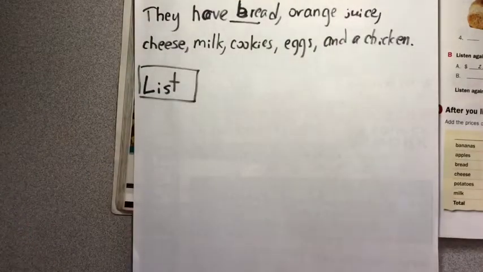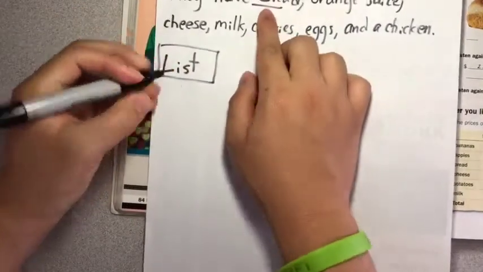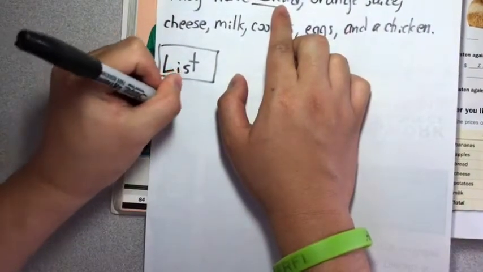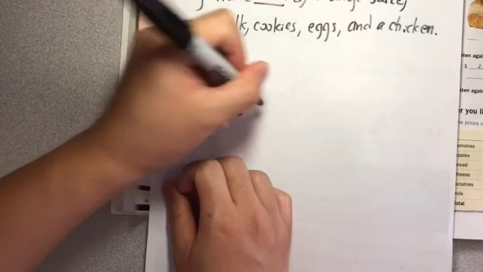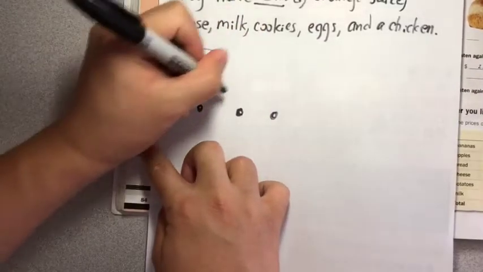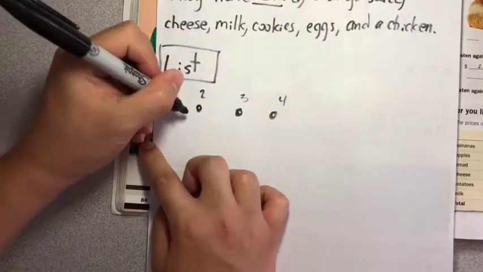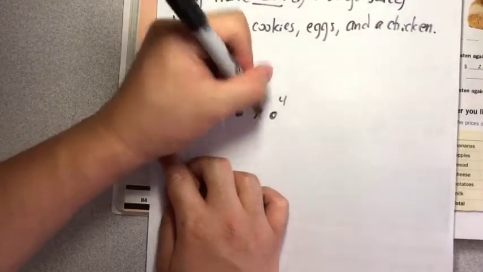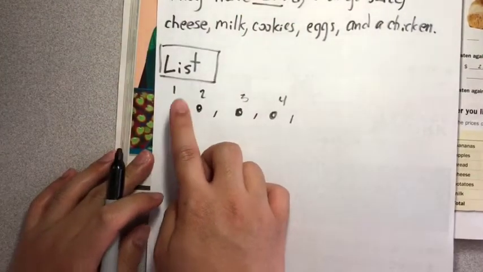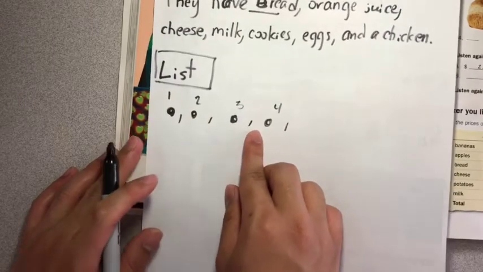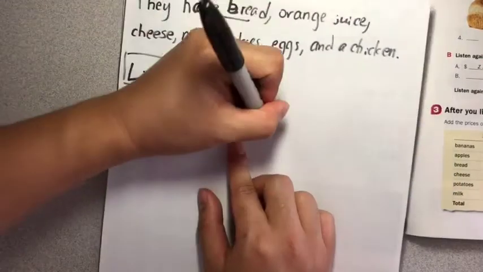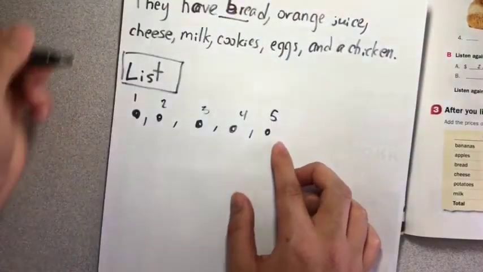So the way we write a list is, so we have something. So let's just say bread. And here's another thing, and another thing, and another thing. 1, 2, 3, 4. We write a comma between each item. So let's say bread, orange juice, cheese, milk, cookies, eggs.